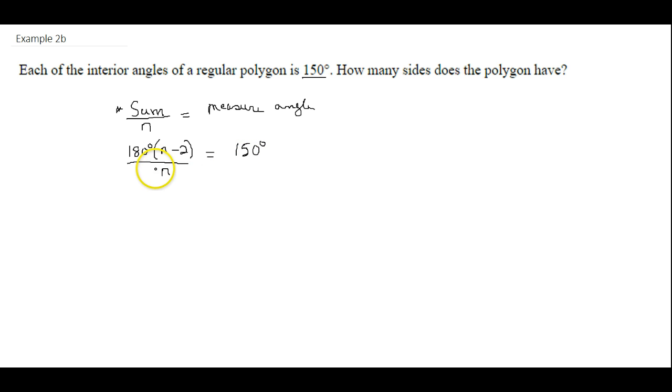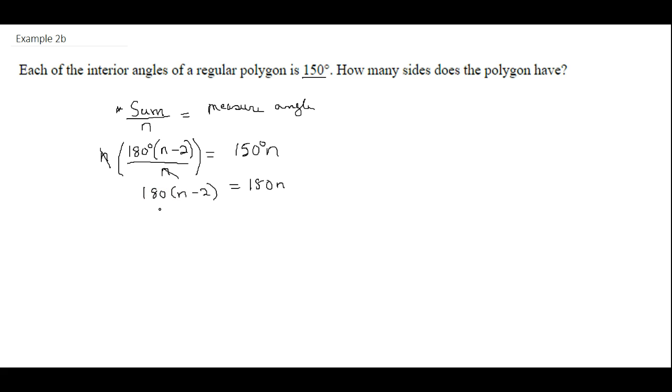Now we can solve this for n. So multiplying both sides by n removes our denominator. We have 180 times n minus 2 is equal to 150n.